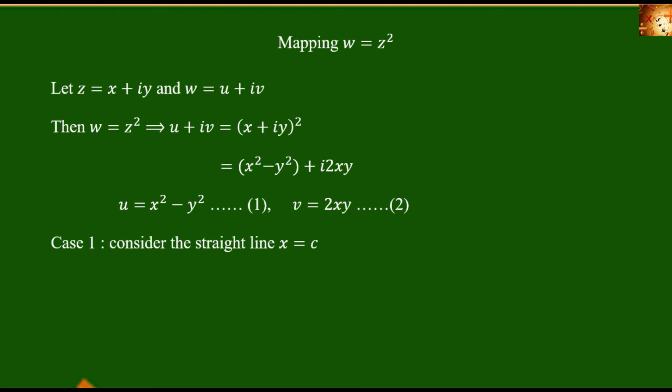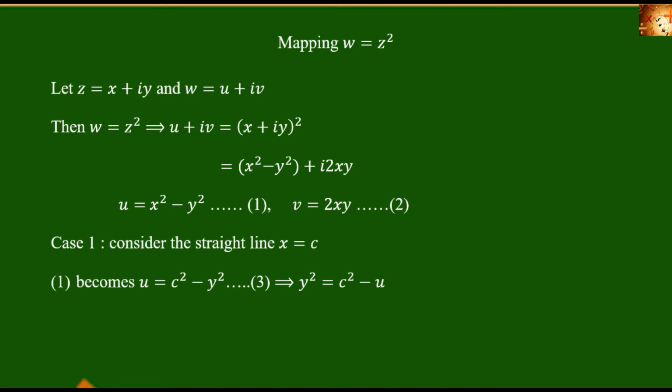When x equal to c, then our u becomes c square minus y square, and y square becomes c square minus u. From the first equation we get y square equal to c square minus u.